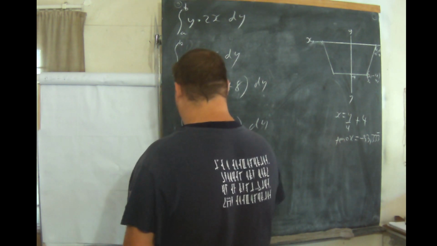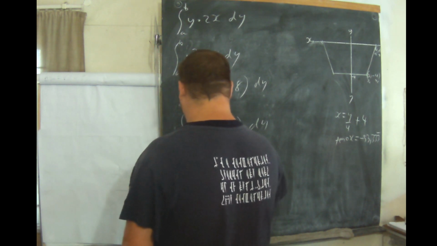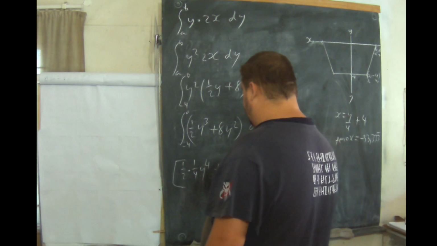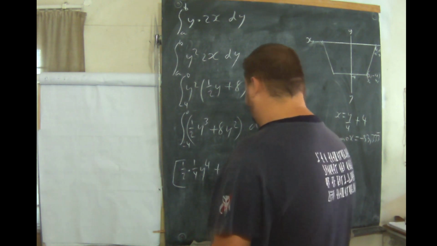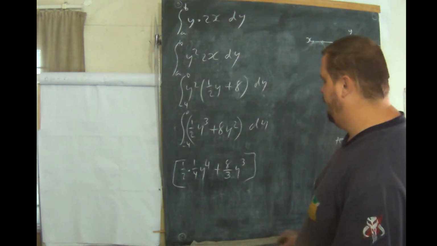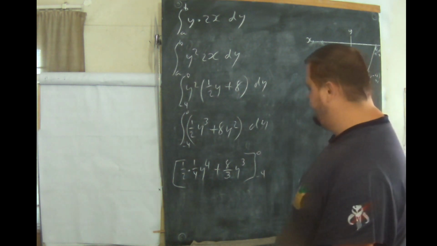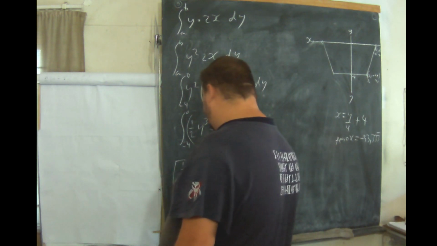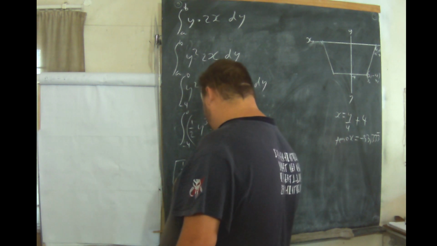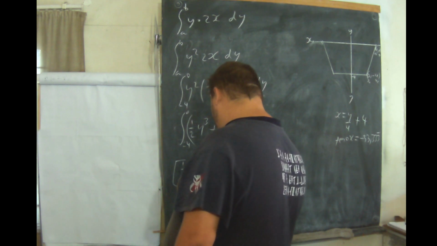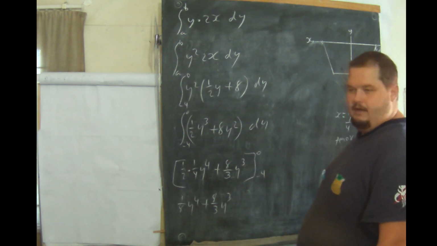Half times 1/4 y to the 4th plus 8 over 3 y to the 3, from 0 to minus 4. Okay, so 2 times 4 is 8, so it's an 8th. 1 over 8 y to the 4, plus 8 over 3 y to the 3.